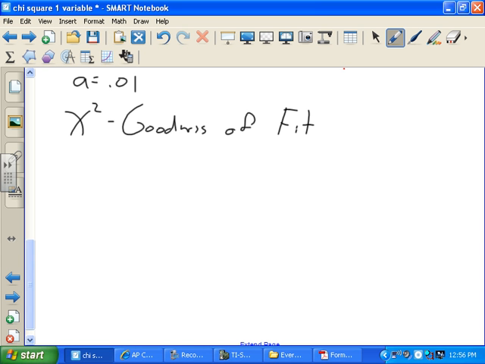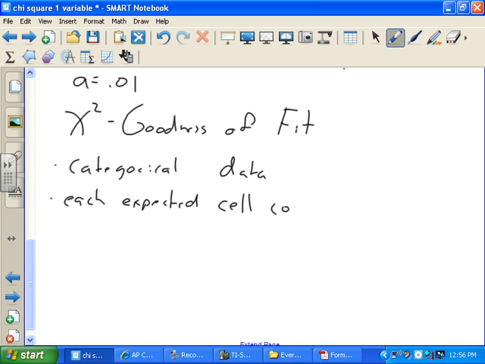And what assumptions are we going to make, or why am I justifying using this? First off, this is categorical data. Next up, each expected cell count is greater than or equal to 5.